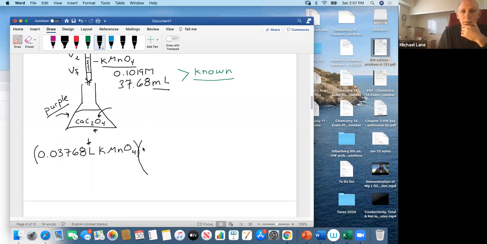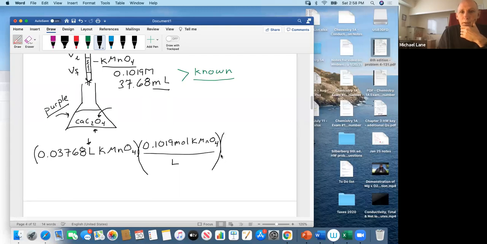It has a concentration of 0.1019 moles of potassium permanganate per liter.